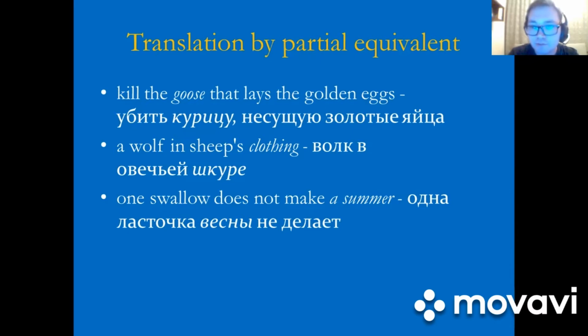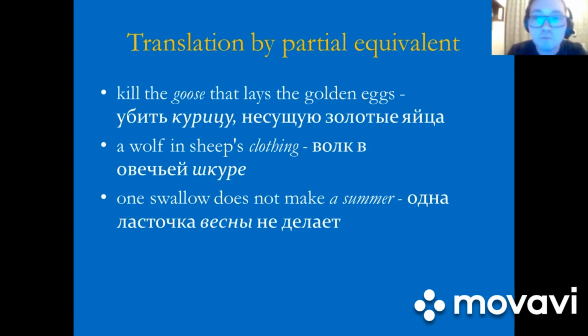This is the only difference between them. And the last example here, one swallow does not make summer, одна ласточка весны не делает. Once again, the two phraseological units are quite identical. They have the same imagery and the same meaning, with the only exception that in the English unit, the word summer is used, and in its Russian equivalent, we use the word весна, which is spring, right?